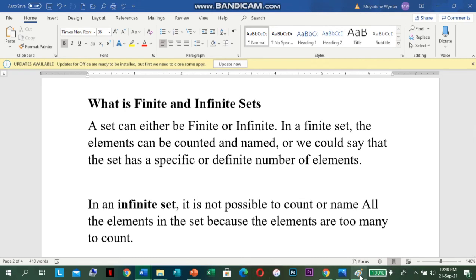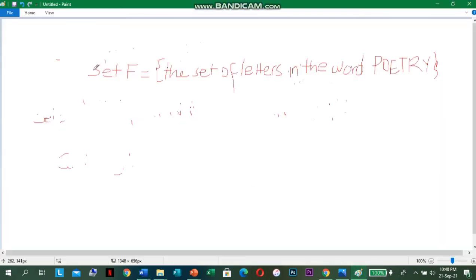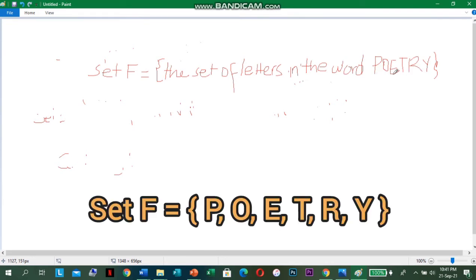Set F would be a finite set because we can count the letters in the word poetry. In the word poetry, we have 6 letters: 1, 2, 3, 4, 5, 6. We can count all the letters.